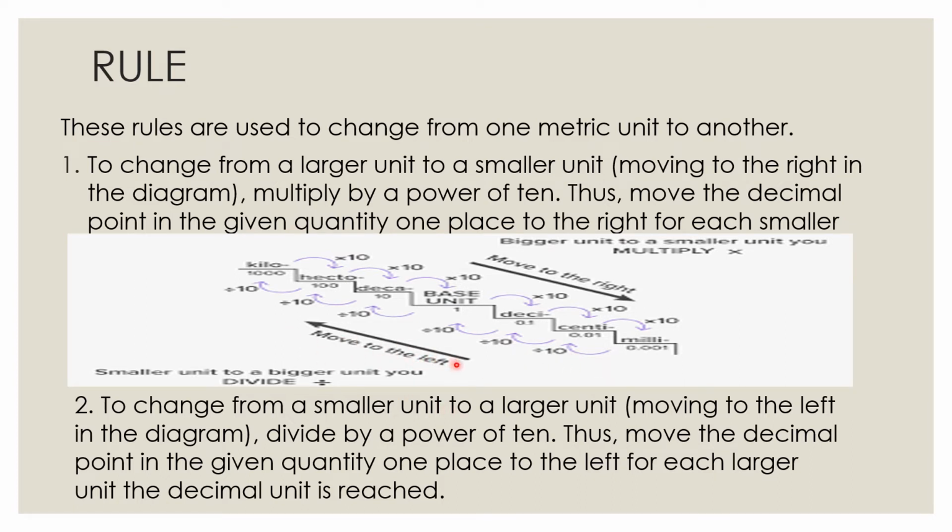To change from a smaller unit to a larger unit, moving to the left in the diagram, divide by the power of 10. Thus, move the decimal point in the given quantity one place to the left for each larger unit until the desired unit is reached. Okay?